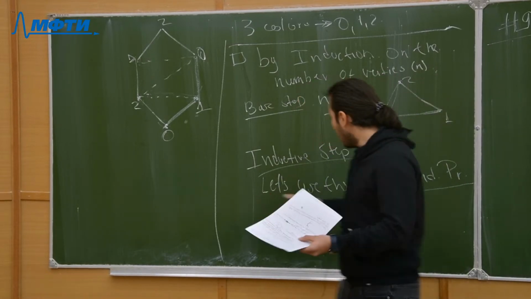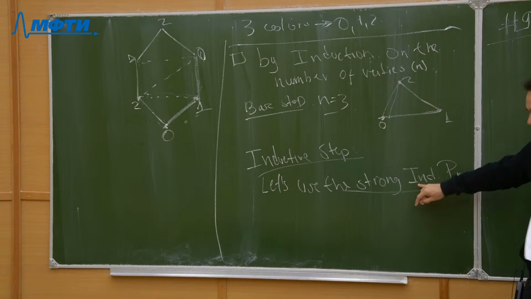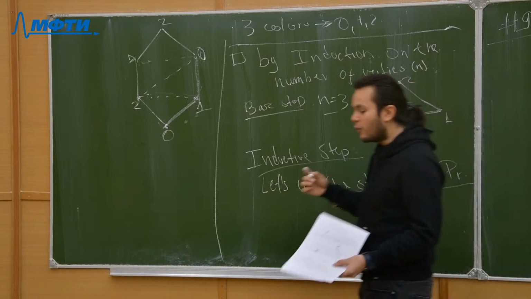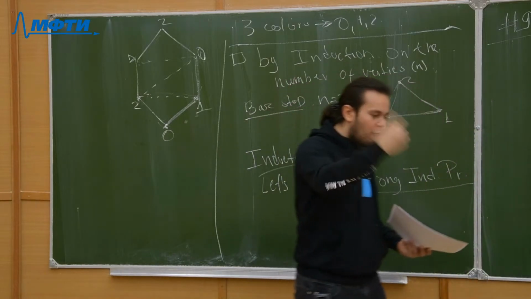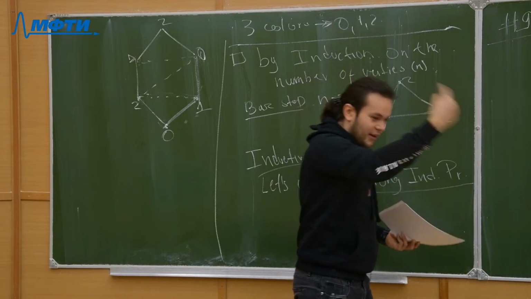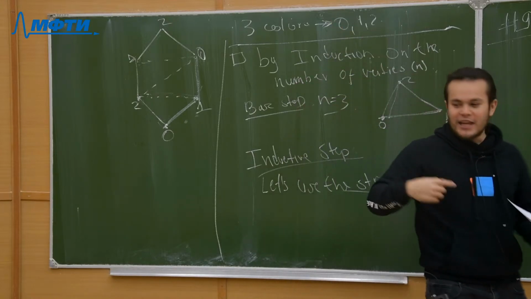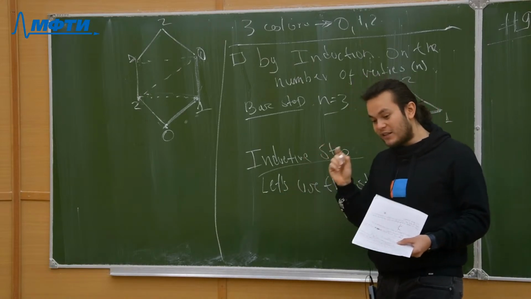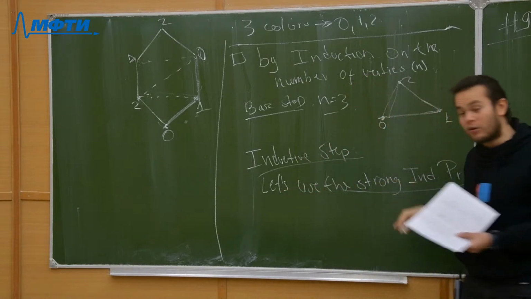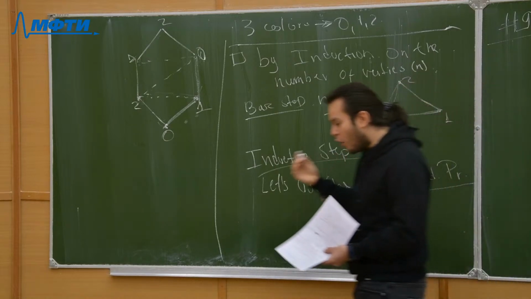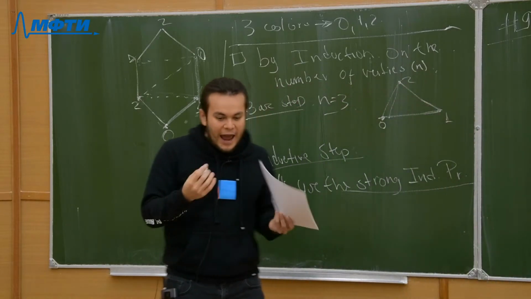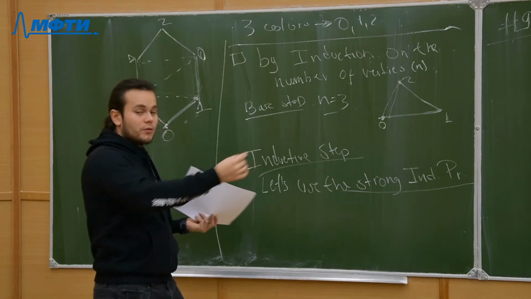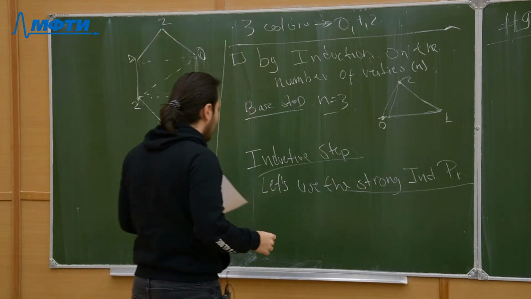When we have the strong inductive principle, it means that if it holds for 1, 2, 3, 4, 5, and so on until n, then it holds for n plus 1. This is why it's called strong, because we are not considering only the n step here, but all the previous ones. And then we have to use this.